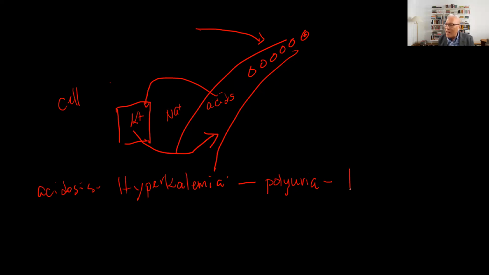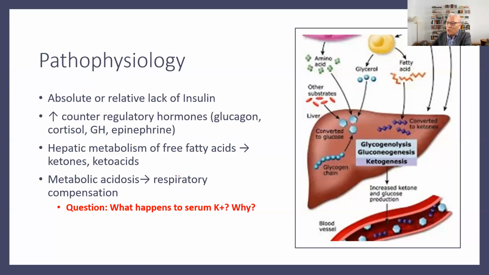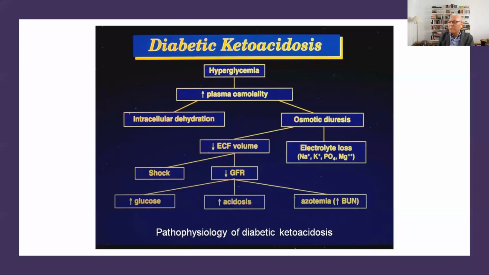The serum potassium will now go down. And that is why it's critical in diabetic ketoacidosis, we need to find out what the potassium level is of the patient all the time. Okay, so that was the intent of that question: what happens to serum potassium and why?